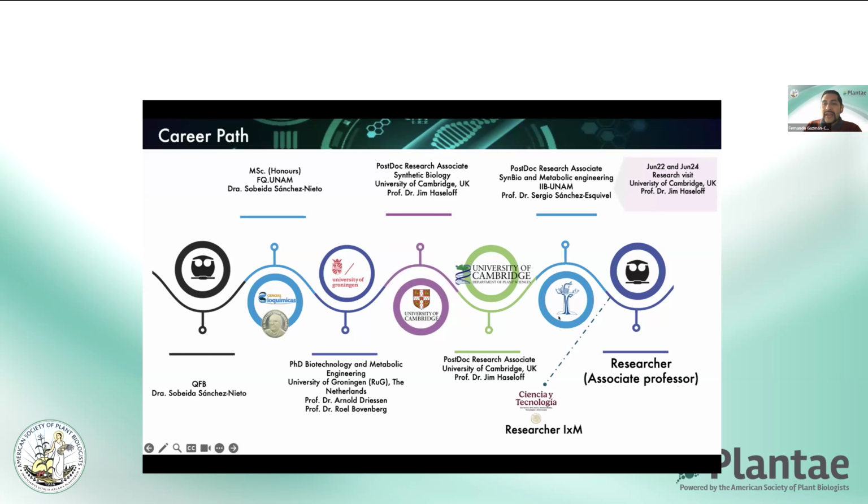I think here is a key point that I would like to share: from the beginning, I always kept in mind that I wanted to go back to my country. But it's not something that applies to many people, because after they stay at another university in another country, they decide to stay there and start a new life.